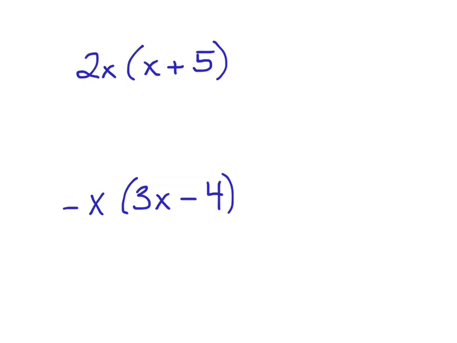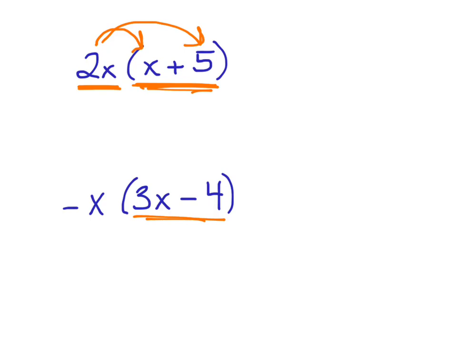In each of these situations we have a monomial, one term, being multiplied by a binomial, in this case a sum, and in the second example a difference. The distributive property tells us that if we have something multiplied times a sum, then we distribute that term to each of the terms inside the parentheses.